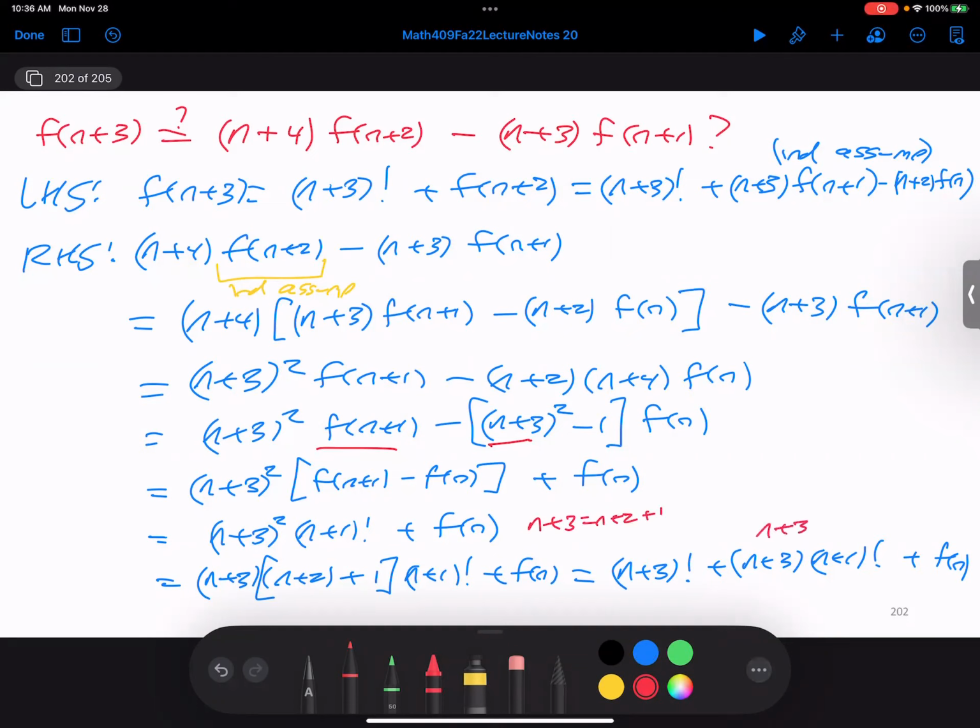N plus 2 plus 1. And now what will I get? I'll get n plus 3 factorial plus n plus 2 times n plus 1 factorial, which is n plus 2 factorial, plus n plus 1 factorial plus fn. And that's what we wanted.